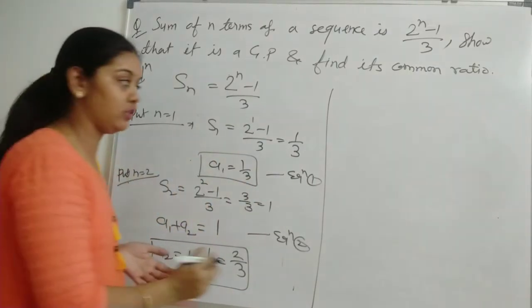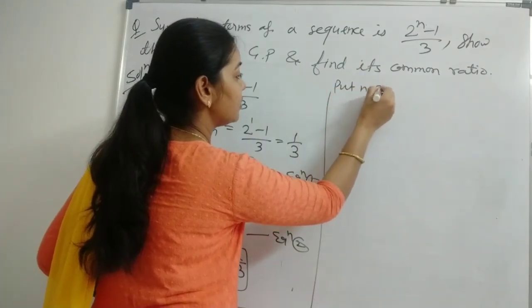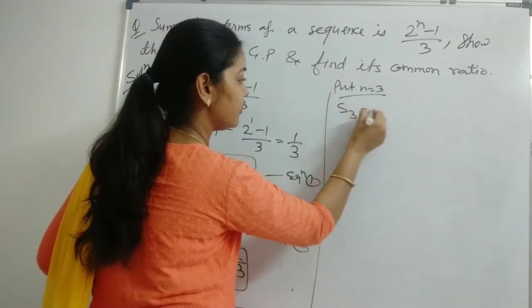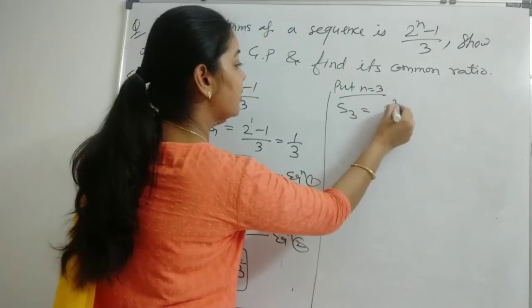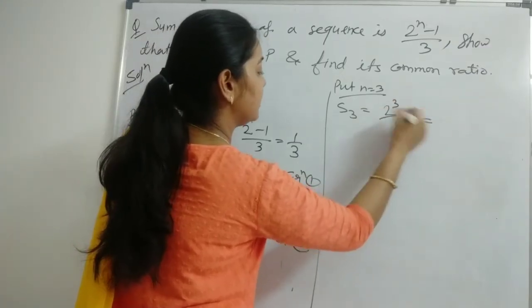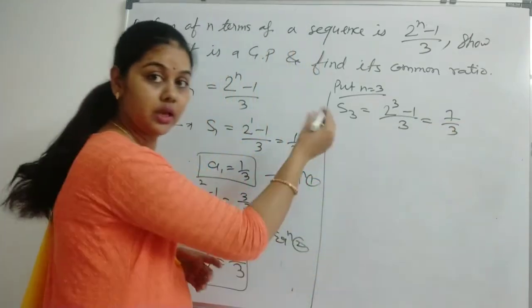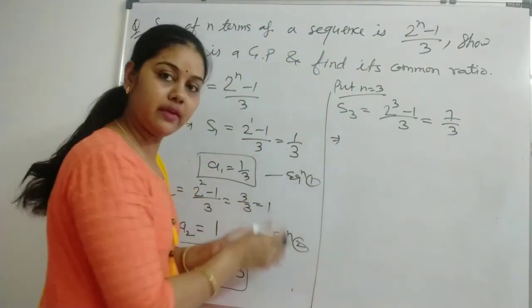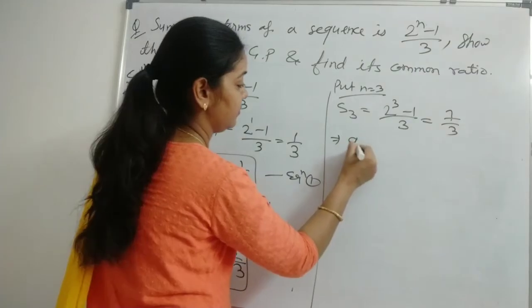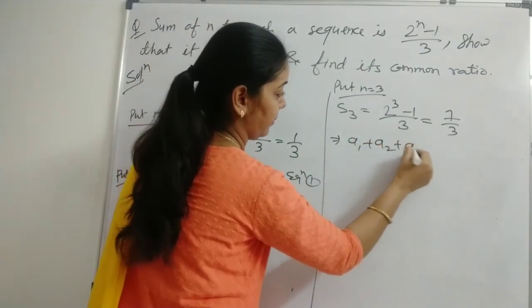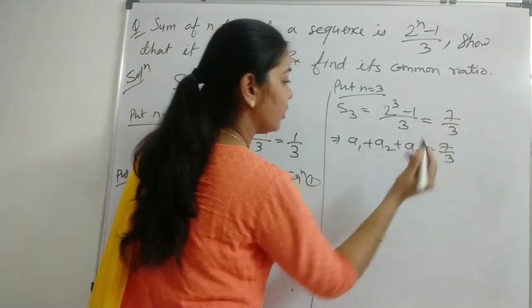Now find A3. Put n equal to 3. Then S3 will be 2 raised to power 3 minus 1 upon 3, that is 8 minus 1, 7 upon 3. This is S3, which means A1 plus A2 plus A3. Okay?